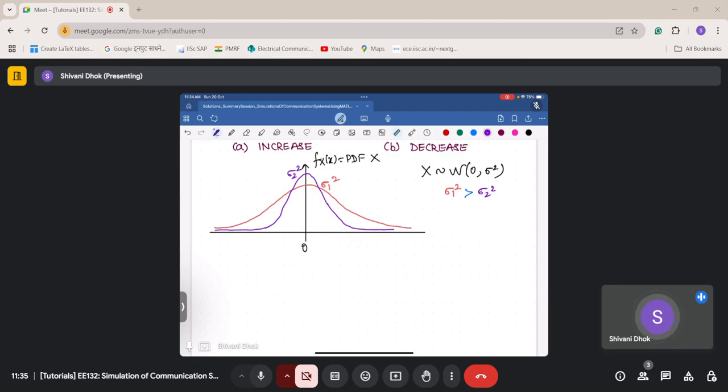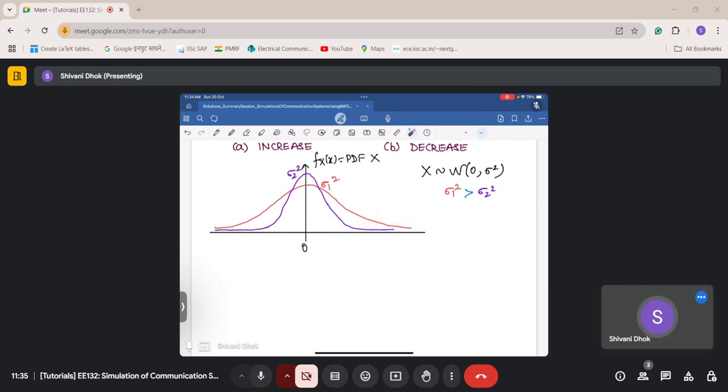It means that the values in this tail region, whatever values of little x are present here, have a higher probability of occurrence for this red curve where the variance is larger.